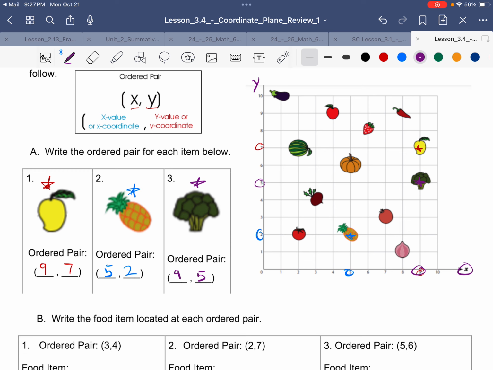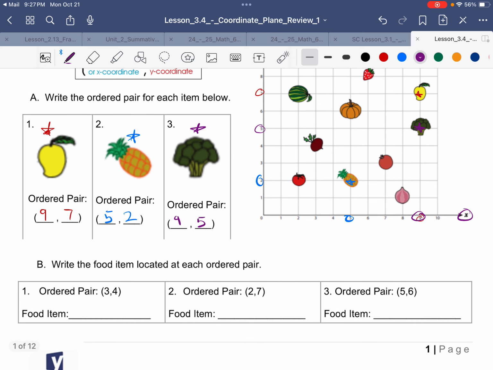So part B. It says write the food item located at each ordered pair. So now they're giving us the ordered pair, and they're saying write what food item is there. So we're looking for 3, 4. This guy right here. So if we come over to 3, here's 3, and then we go up to 4 right here. It looks like it is a radish.